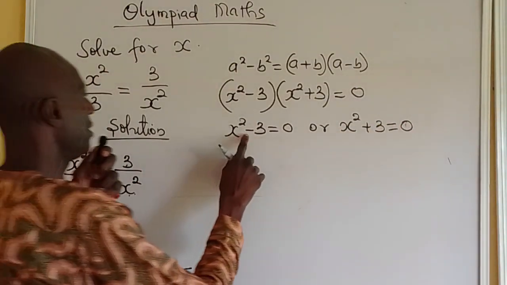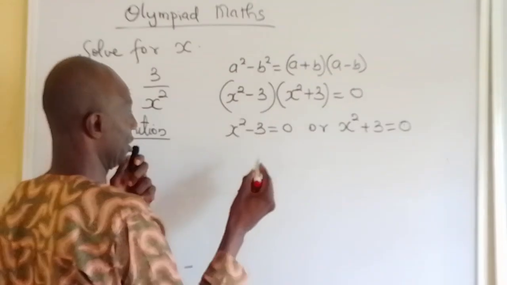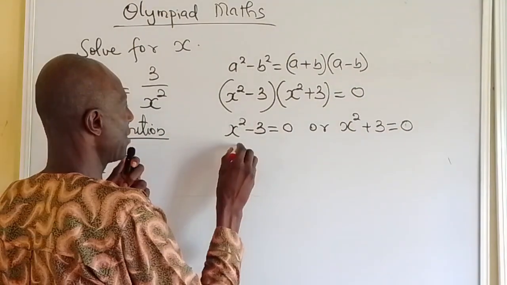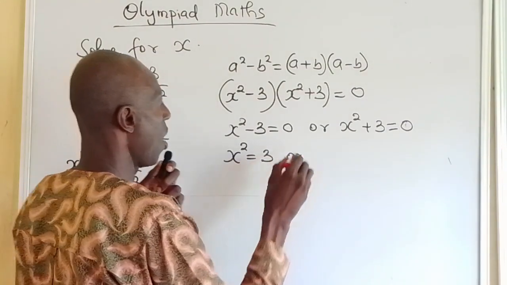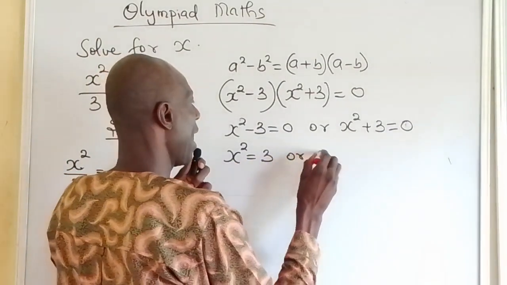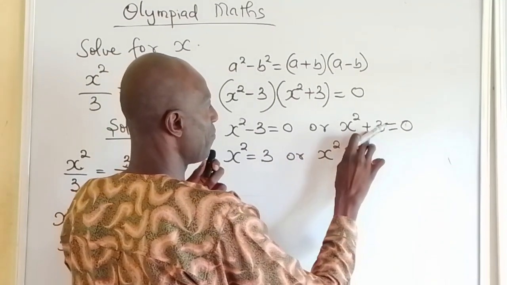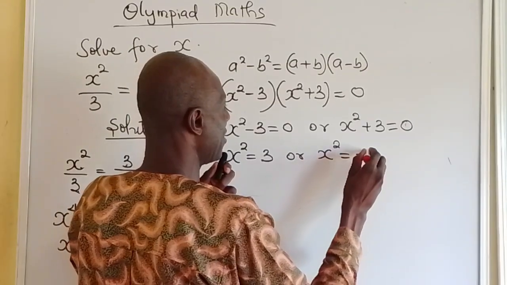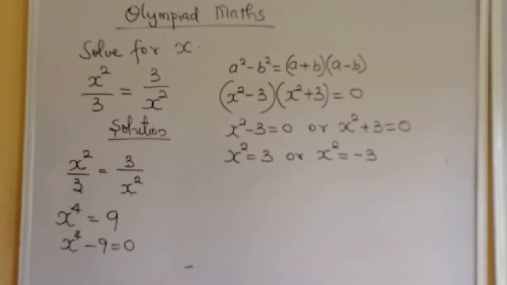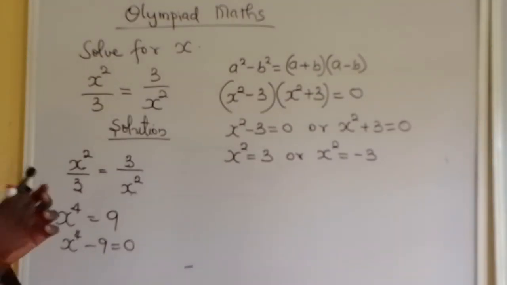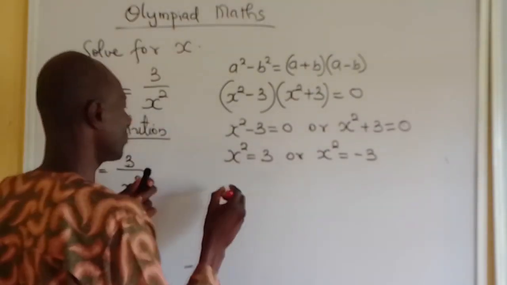When this minus 3 crosses the equal sign, you change it to plus, so x squared is equal to 3, or x squared, when this plus 3 changes, becomes minus 3. So both of them have squares, so we are taking the square root of both sides.